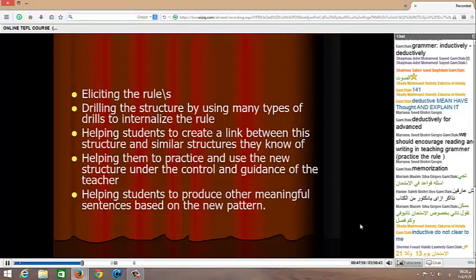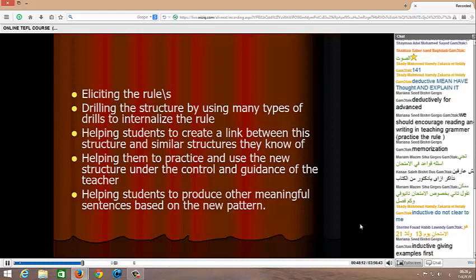So we give the rule first, and then we try to create examples based on that rule. This is deductive. واضح يا شادي؟ Inductive, on the other hand, we begin with the examples. We give a lot of examples for the learners, and we try to help them to elicit the rule underlying these examples, right?